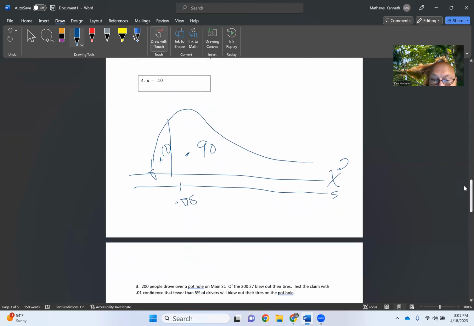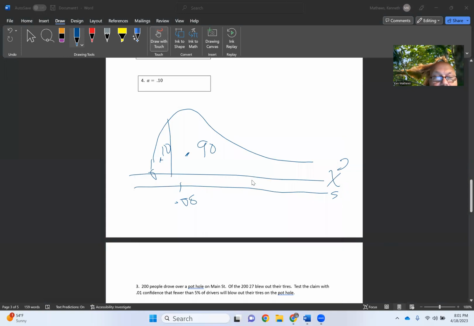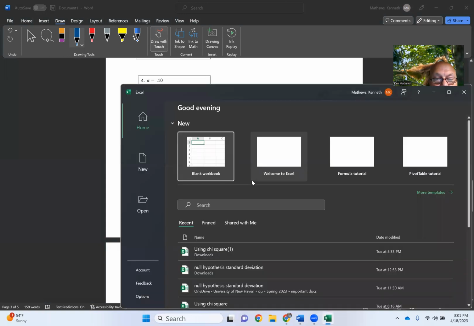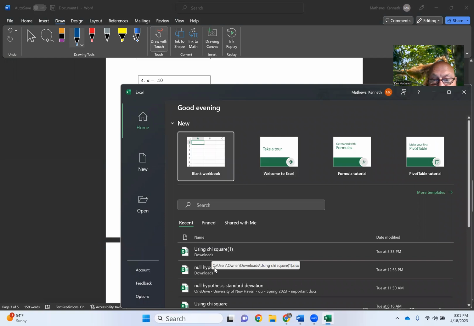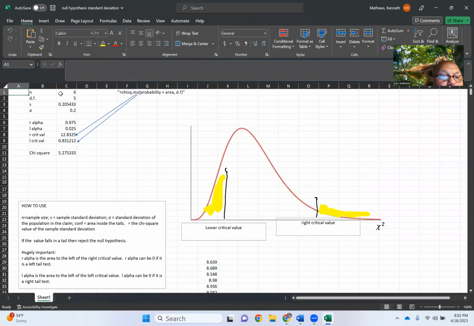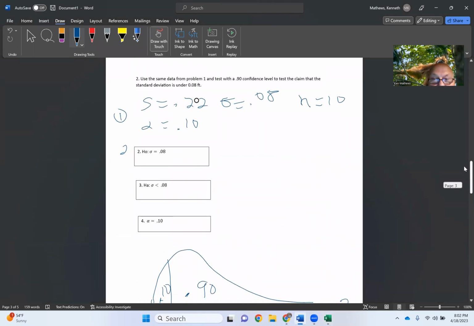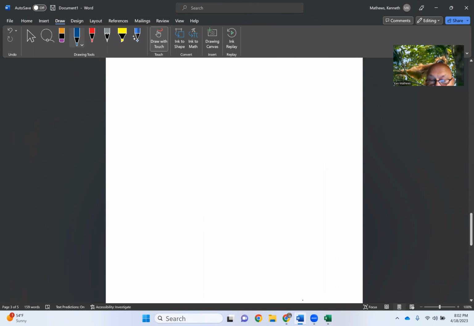All right, let's go to the Excel. Using the null hypothesis with chi-square, standard deviation. Okay, so what do we know? We know n was equal to 10. The standard deviation of our test was S, 0.22, and the claim was 0.08.